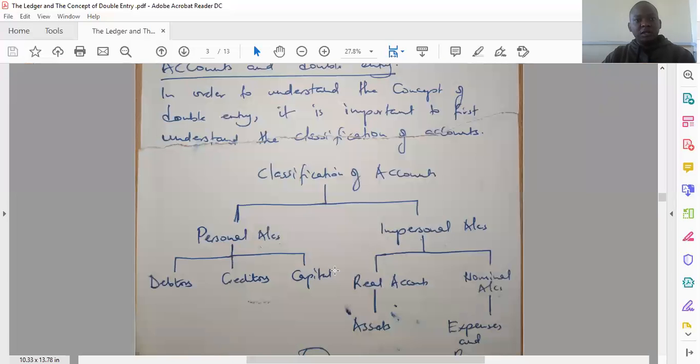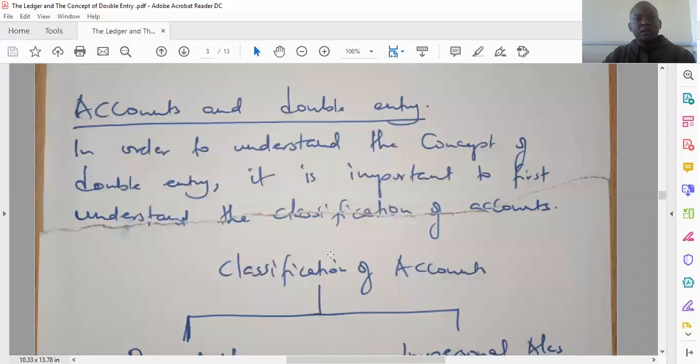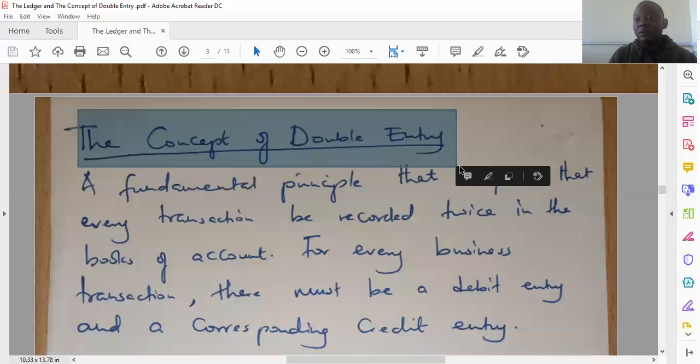So our topic is on the ledger and the concept of double entry. So now we look at the concept of double entry. This is a fundamental concept of recording transactions in the books of accounts. So in accounting and in bookkeeping, when recording transactions in the books, we have to follow a rule.